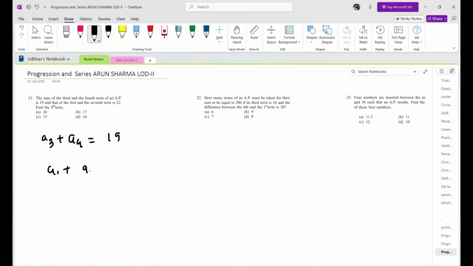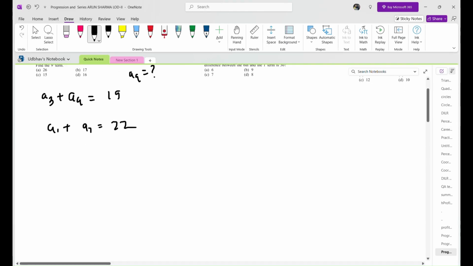We have to find A9. So we are given two equations. Using these two equations, we can find the value of A, the first term, and D, the common difference.